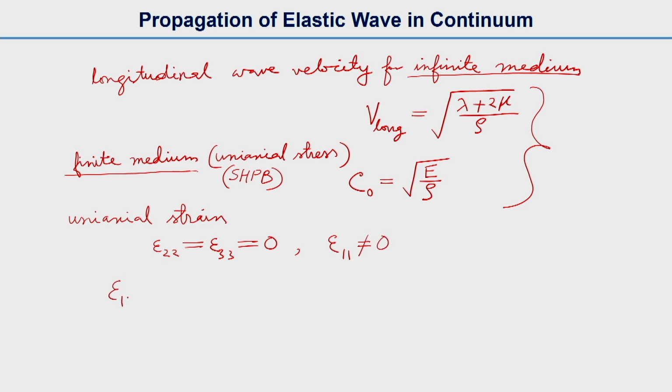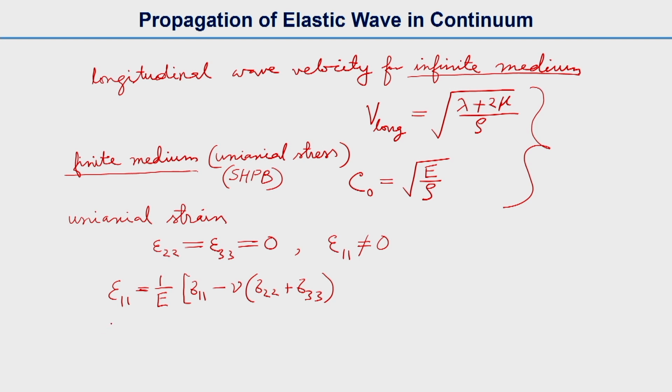Now from the stress-strain relationship, epsilon 11 will be equal to 1 by Young's modulus times sigma 11 minus Poisson's ratio multiplied by sigma 22 plus sigma 33.